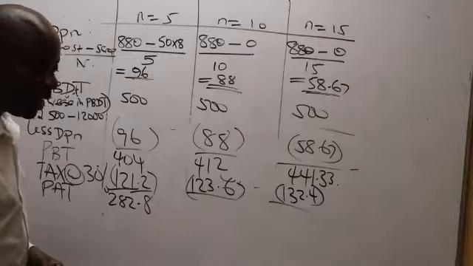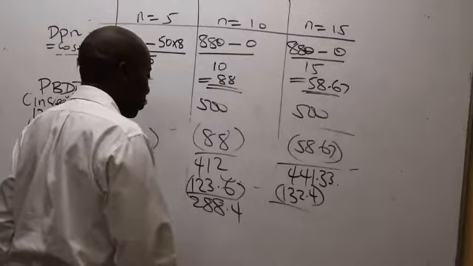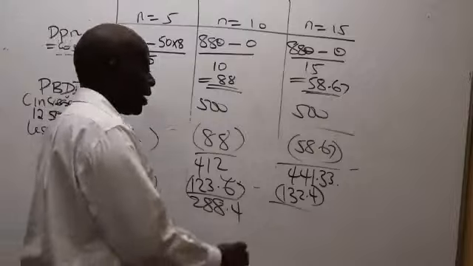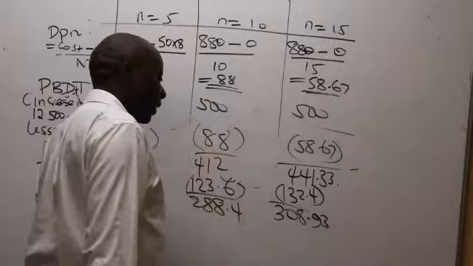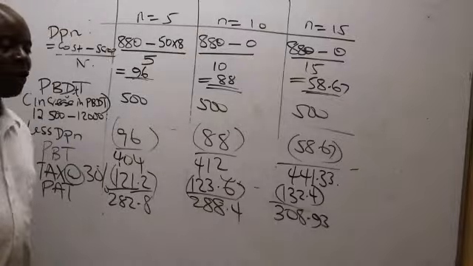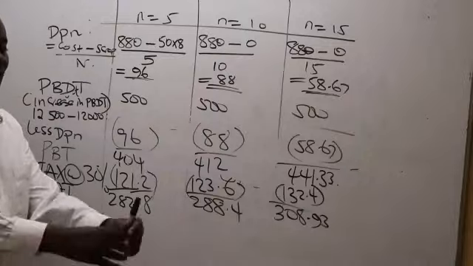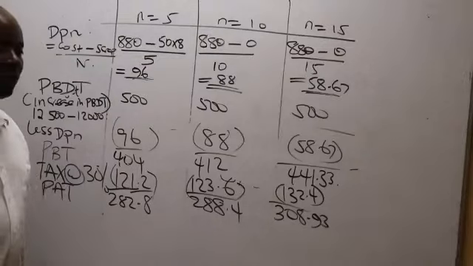We have 288.4, and then now we have the last one, which is 308.93. We rest a little bit for people to be able to really catch up with us. So that's what we call profit after who? Profit after tax.